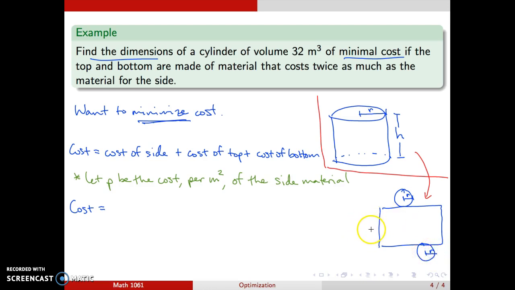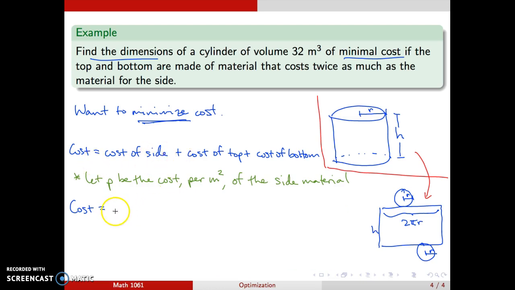This would be H, and this length would be 2 pi R, which is the circumference. If I can imagine making a cut here and unwinding it somehow, I want to know that area, and I know those areas. So it's an area problem, really a weighted area problem.